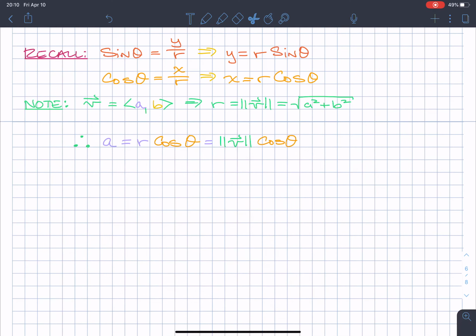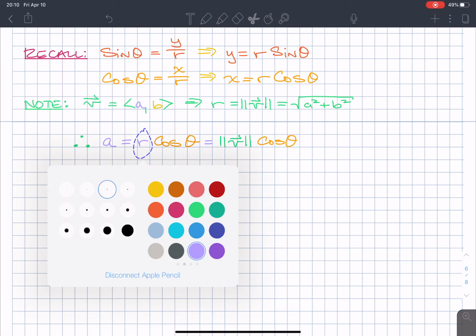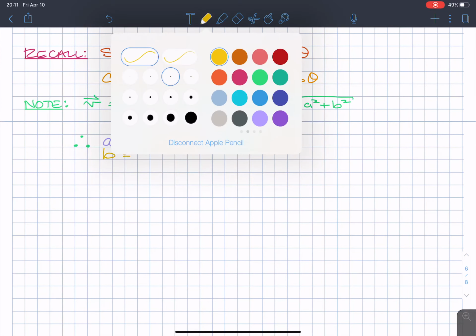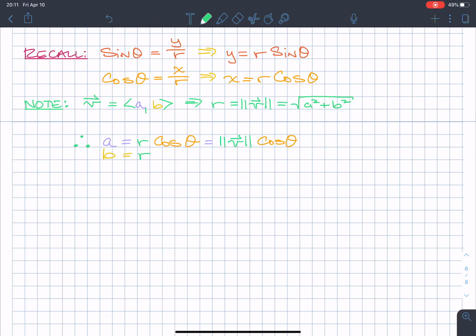Okay, so I think that makes a bit more sense. So radius here is green, so we can see where I'm getting this from. Now B, which is equal to r sine theta, is going to be the magnitude of v times sine of theta.